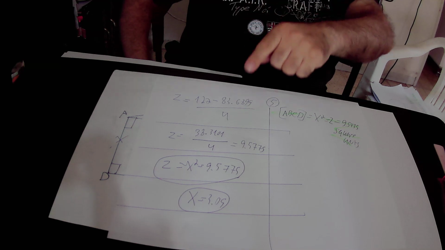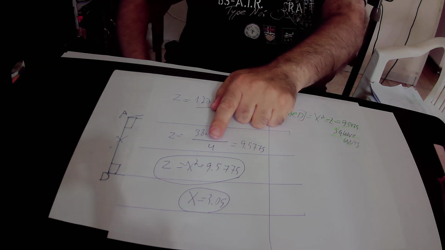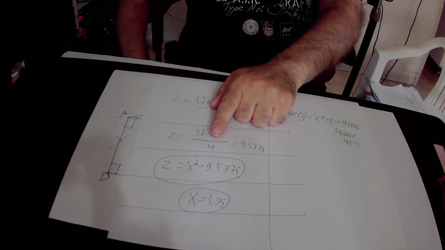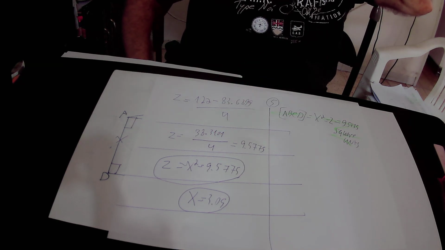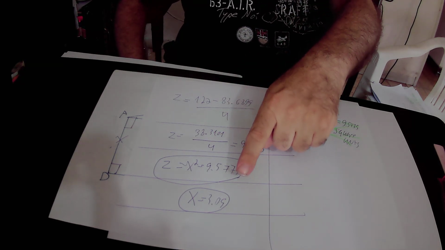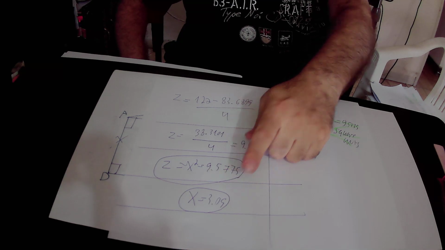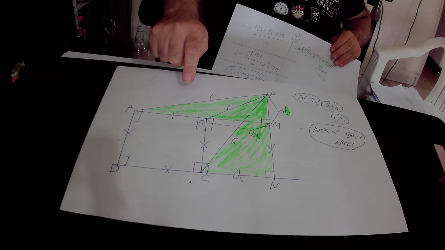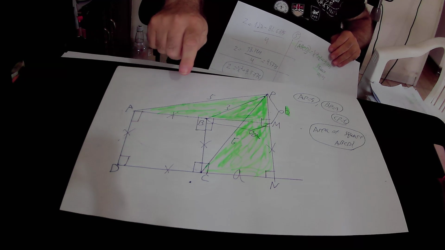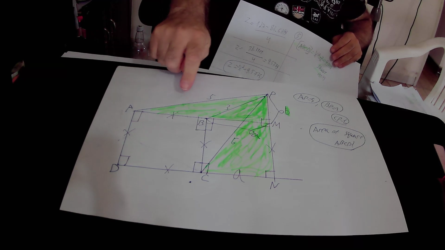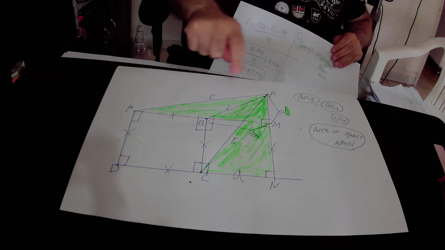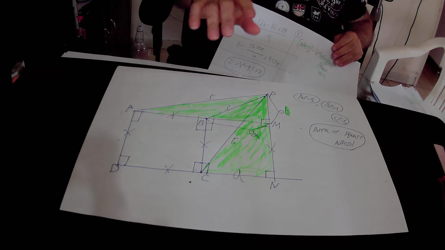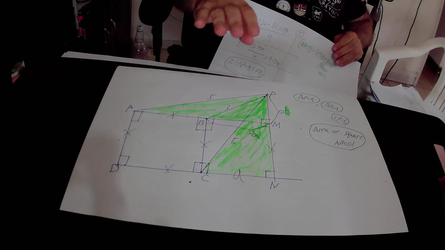Here we take the root of this equation in order to find the value of x itself. The square root of 9.5775 is 3.09. So x, that is equal to AB, is equal to 3.09. That is smaller than the hypotenuse AP, that is equal to 5 units. So we don't have any contradictions here.